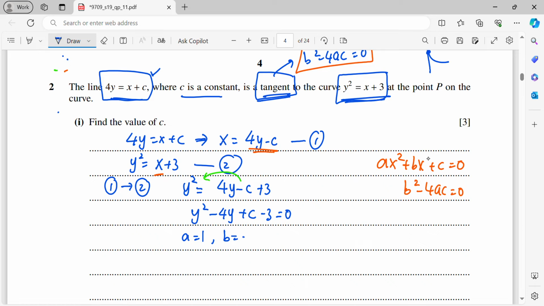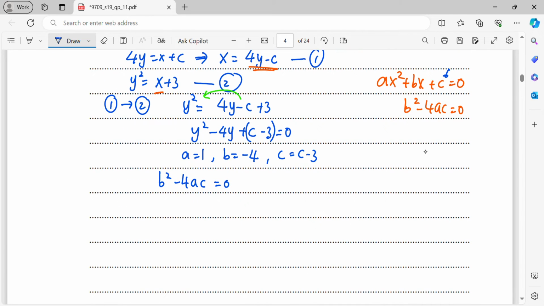And then my b is minus 4 because of minus 4y. And then my c here, that is the constant, will be c minus 3, because I group them as 1. So now, I will just write b squared minus 4ac equals 0. Then just replace the 3 values. So it will be minus 4 squared minus 4 times 1 times c minus 3, equals 0.